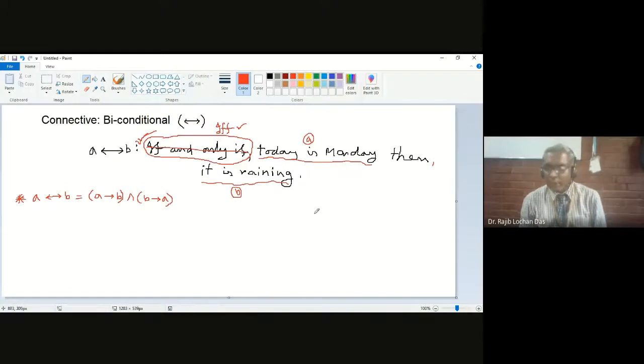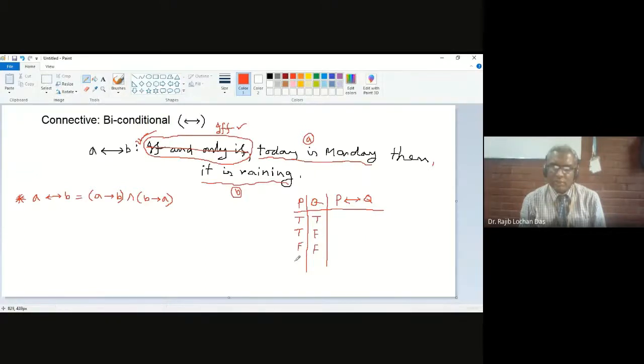Now let me give you the truth table for this, and then I will finish the class today. If you have P and Q, then P double implication Q. Double implication means biconditional. It may be true, true; true, false; false, true; false, false.